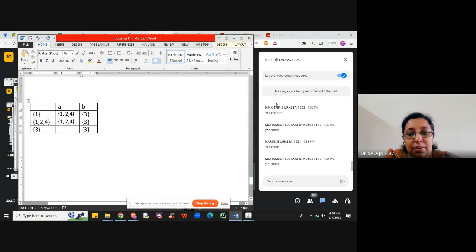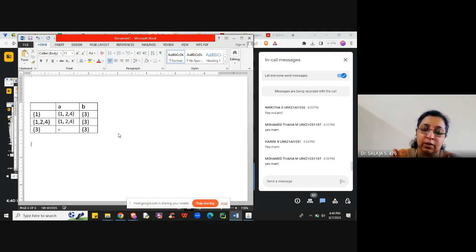Is minimization possible for the given diagram? Yes, minimization is possible. So we'll try to minimize it. The first group will have state 1 and state 1, 2, 4. Whereas the second group will have 3.